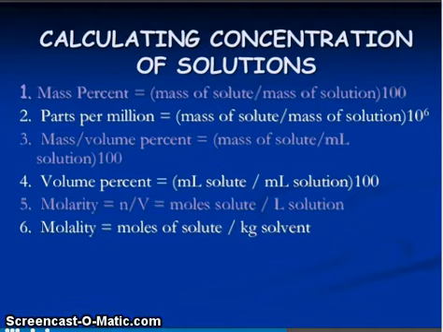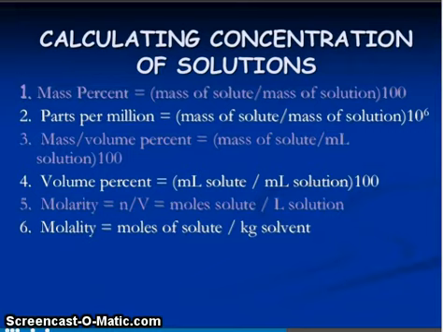Calculating concentrations of solutions through mass percent: mass of solute over mass of solution, multiplied by 100. Parts per million, mostly for natural solutions: mass of solute over mass of solution, multiplied by 10 to the power 6.